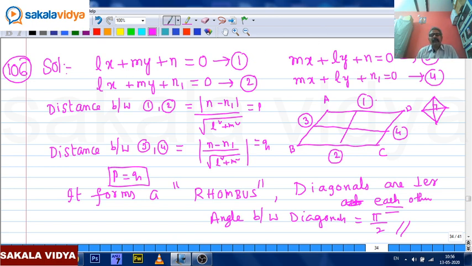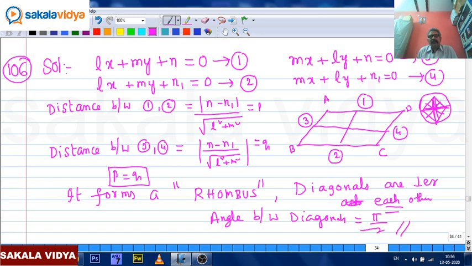See, 1 and 2 are parallel, 3 and 4 are parallel. Find the perpendicular distance between these two, they are equal. So, that means if the distance between this one and this one are equal, then it forms a rhombus. In a rhombus, the diagonals are perpendicular.